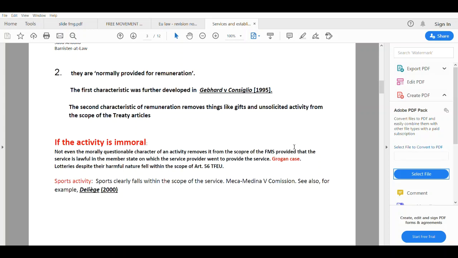In that case, though, the Court of Justice said that the selection rule doesn't breach the treaty provision regarding Article 56 of the TFEU, but it clearly held that sports activity falls within the scope of service.